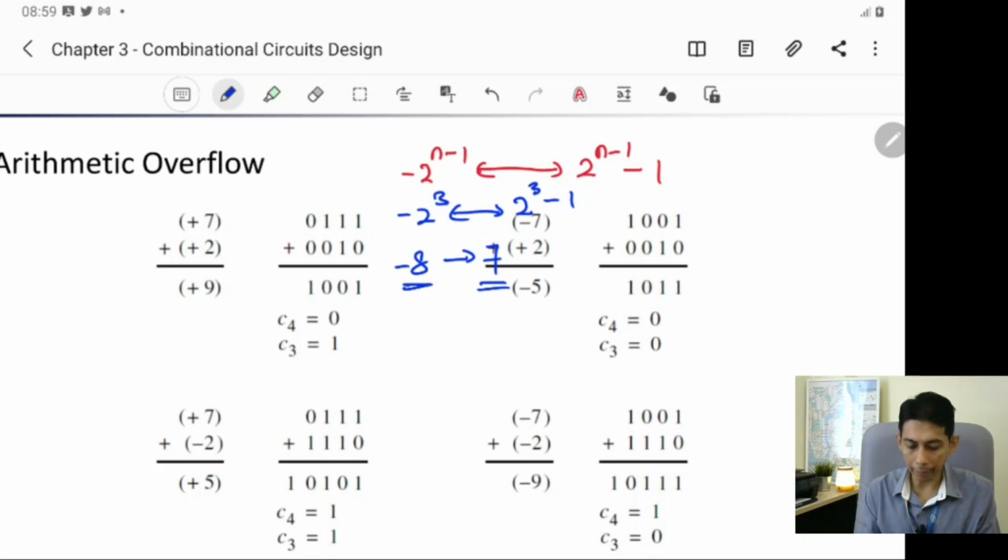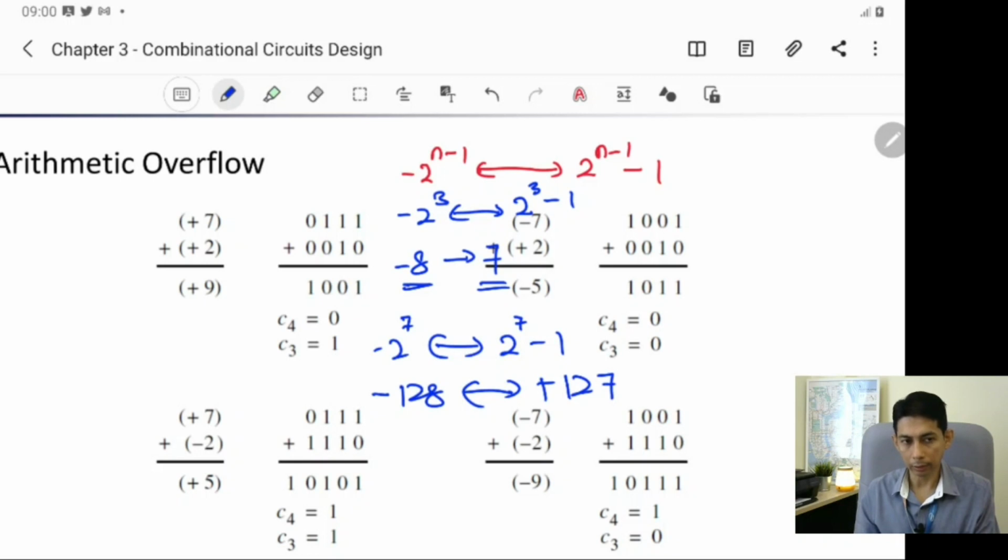If our system is 8-bit, you have minus 2 power of 7 until 2 power of 7 minus 1. So this is 8-bit.